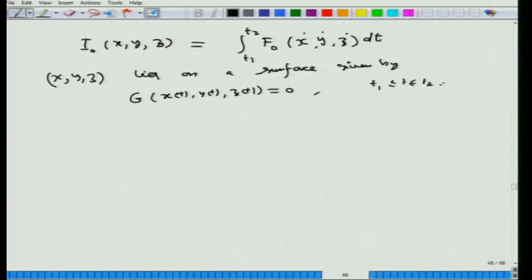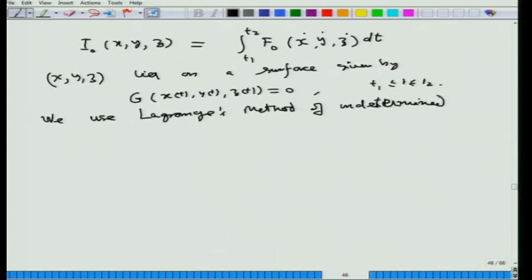So, we apply the Lagrange's method. We use Lagrange's method of undetermined parameter.